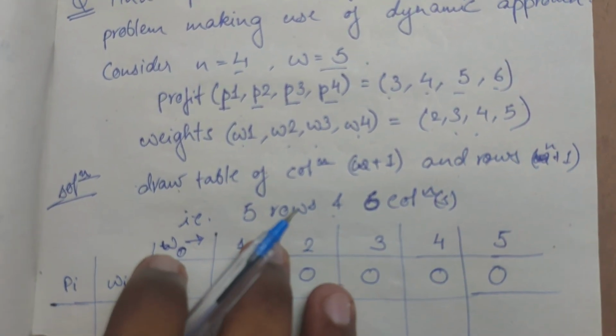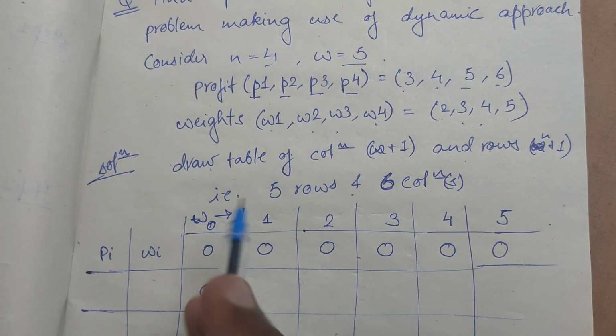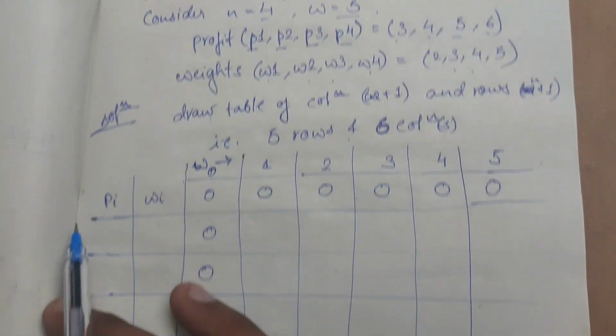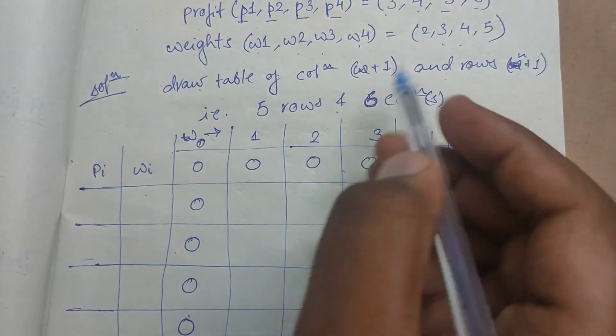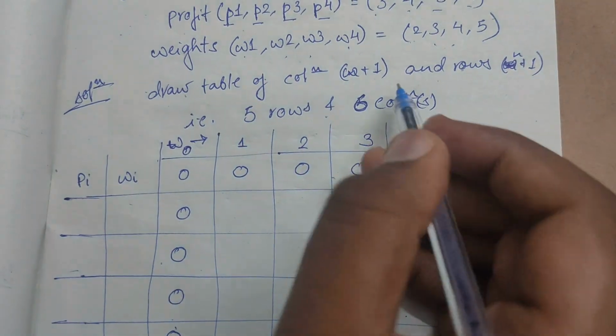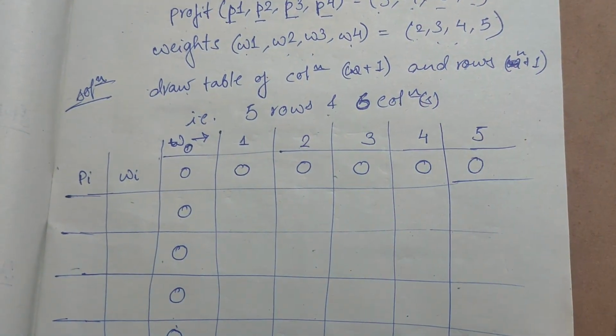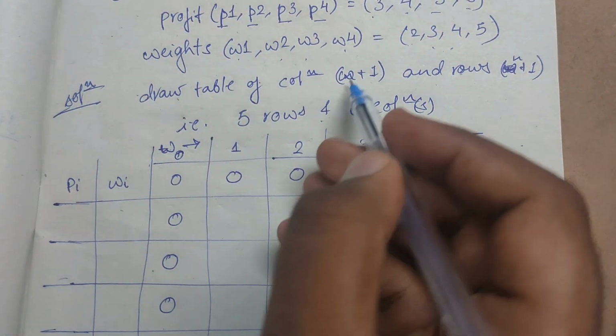Okay. Now what you will do is, you will construct a table. So the number of columns in this table would be weights plus 1, that means capacity plus 1.